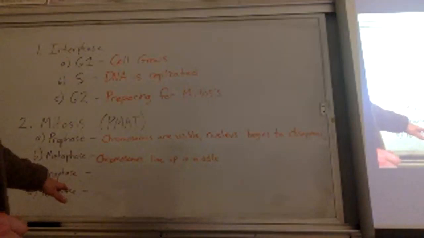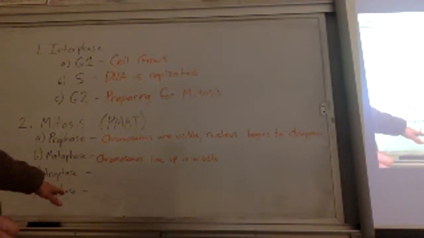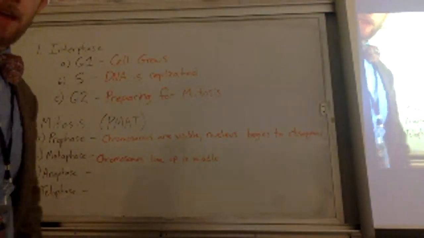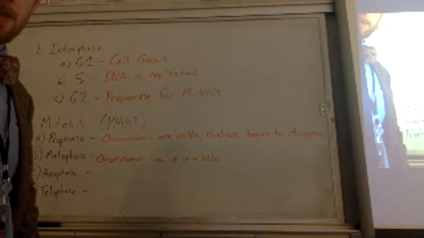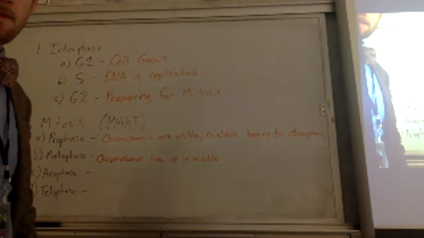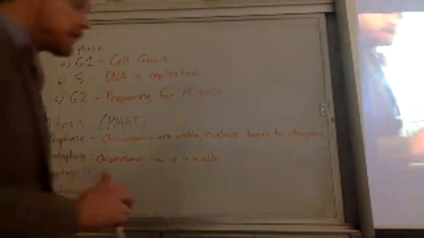Anaphase, how is it easy to spot? What's the secret for spotting anaphase? Where are the chromosomes? What are they doing in anaphase? A for away. They're being pulled away, split apart. Good job, Gujas.